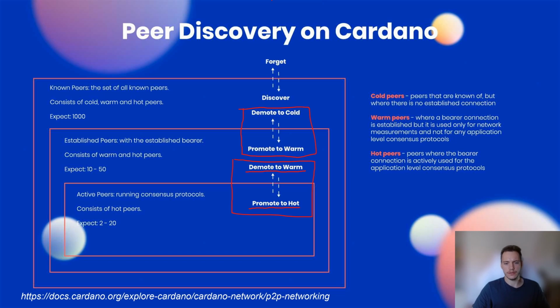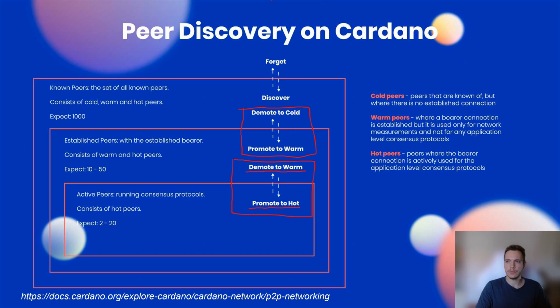There is actually a ranking of hot peers constantly going on. So the 20% of the lowest ranking hot peers are the ones that are going to be demoted. And the ranking works in a way that hot peers are running the consensus protocols, right? So we actually sync blocks from hot peers.